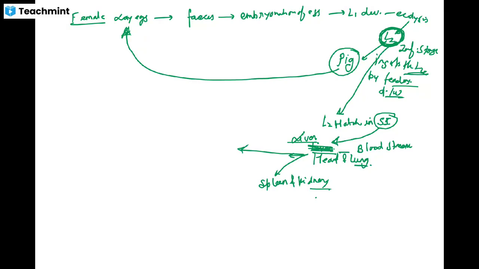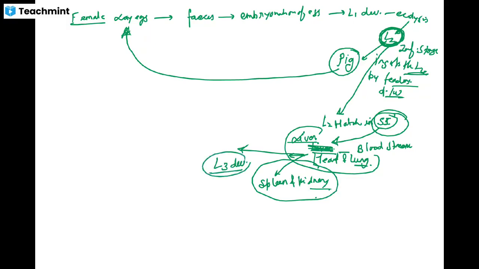Then in liver, heart, lungs, spleen, L3 stage will develop. So suppose it is present in the lungs. So then what?